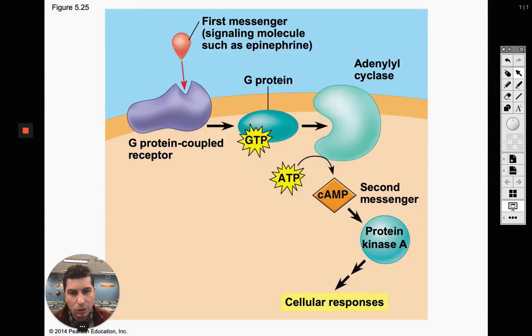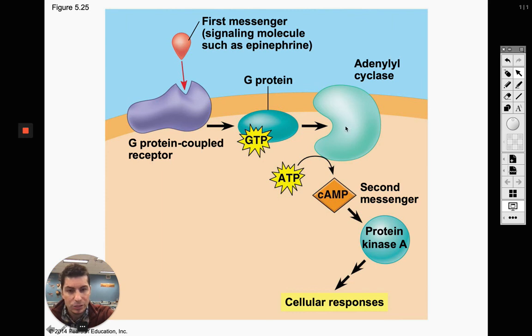And then here is our whole cascade. Starting our whole cascade. We'll have a little bit of a bigger picture later on. But we have our G-coupled protein here. So this was the first one we went over before we went over ligand gated. But we get our GTP in there. And now we have the adenylate cyclase.